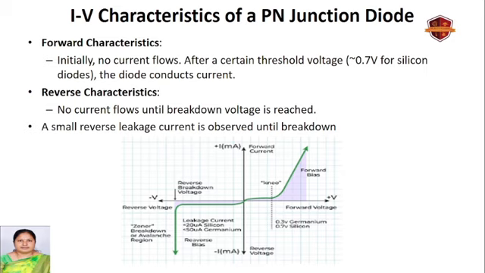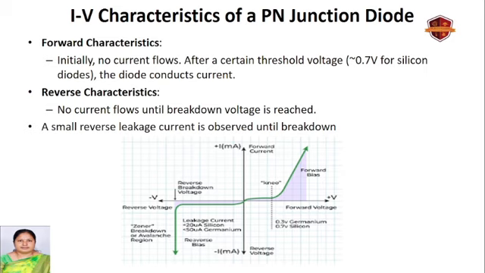After the threshold voltage, the current flow will increase. The threshold voltage differs for different types of semiconductor. For example, in the picture you can see germanium 0.3 volt and silicon 0.7 volt. This means that if we use silicon material, the conduction will start after 0.7 volt. For germanium, the conduction will start after 0.3 volt.